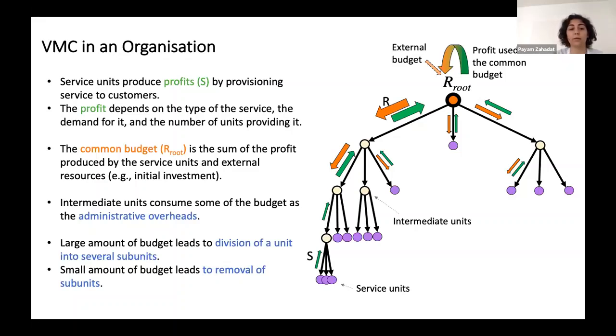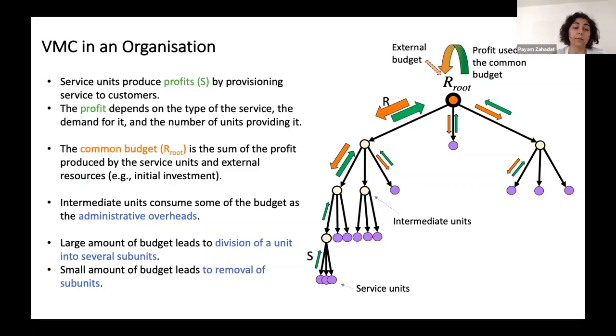Also, similar to grants, we have a common budget. In this case, the common budget is the aggregation of all the profit made by these service units, plus an external budget can also be added. For example, we can have some initial investment for some time just to get the system started.